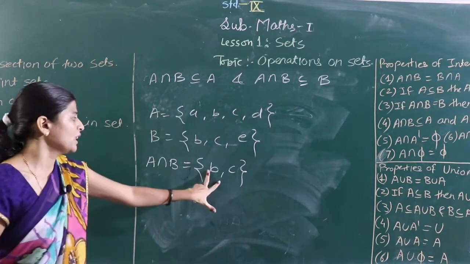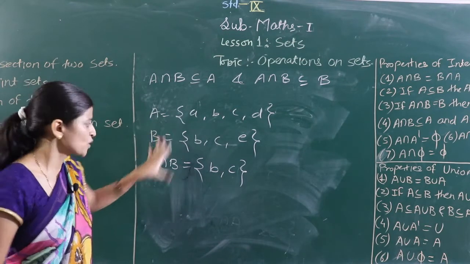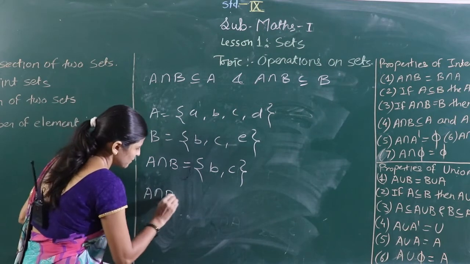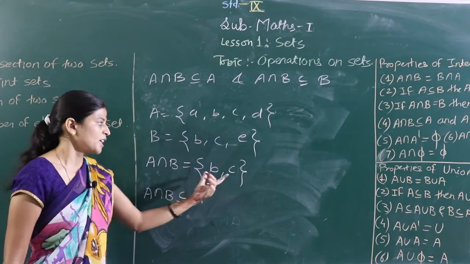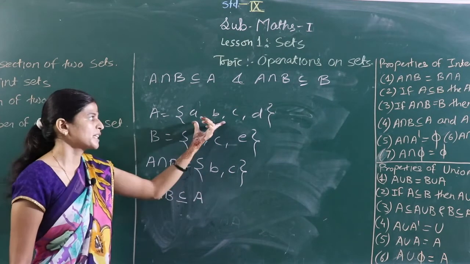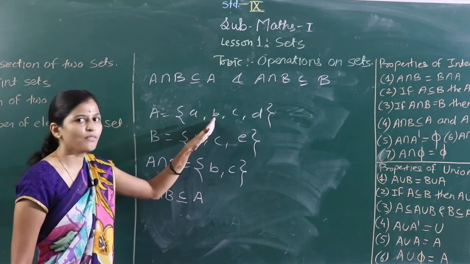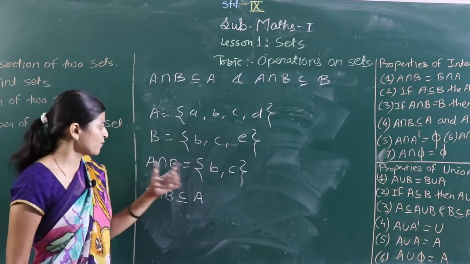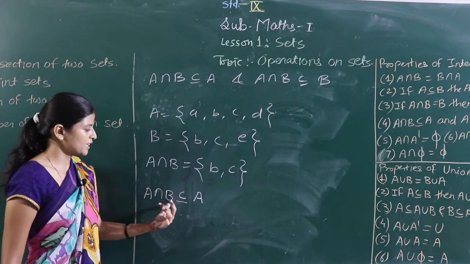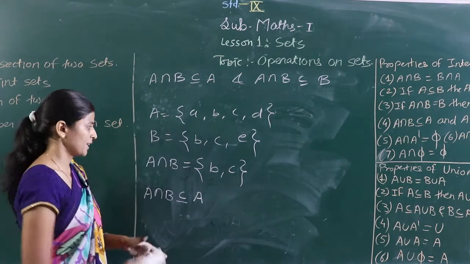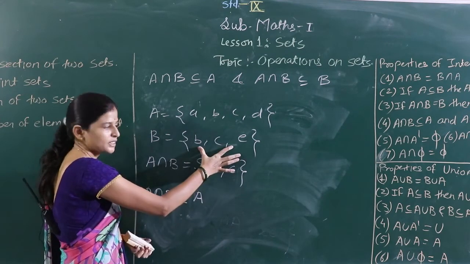Now all the elements of set A intersection B are also present in set A. So we write here A intersection B is a subset of A. Why? According to the subset definition, if all the elements of one set are present in another set, then this smaller set is a subset of the bigger set. So all the elements of A intersection B, that is B and C, are present in set A. Therefore A intersection B is a subset of A. Again, all the elements of set A intersection B are present in set B also.